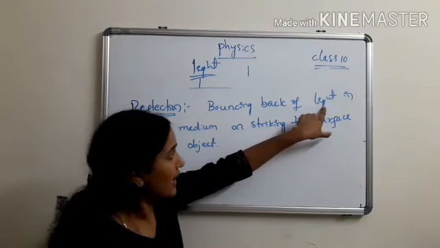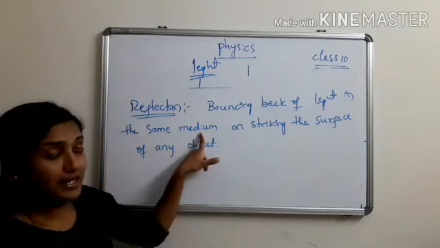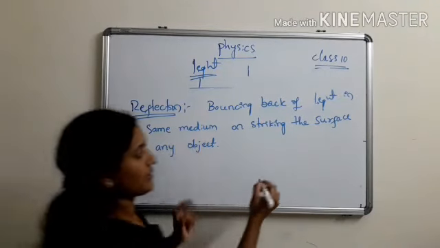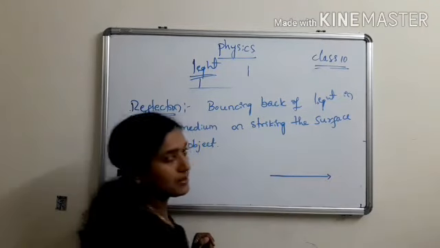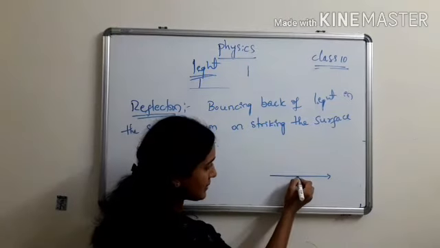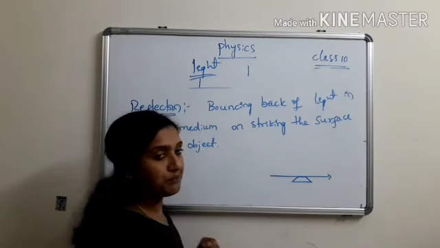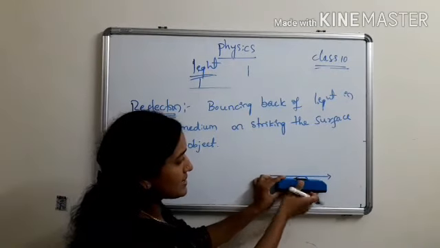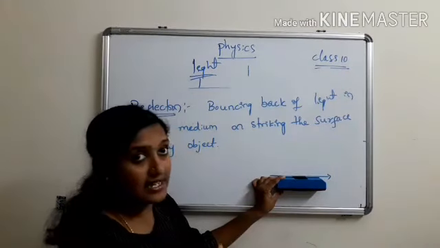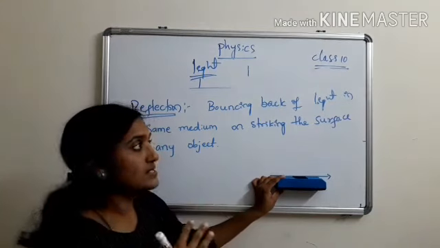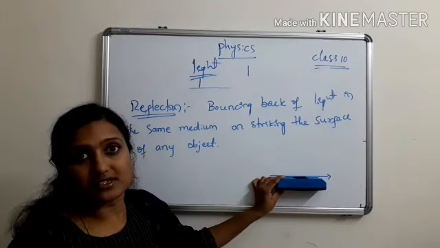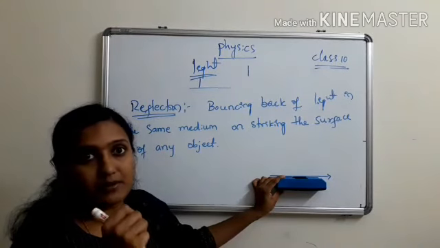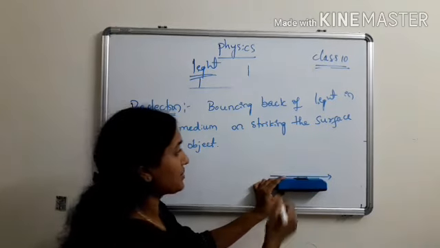Bouncing back of light in the same medium. If this is one medium, for example, this is one object here. This is a medium, this is a principal axis. Then I will explain all the components of convex and concave mirrors, each and every part, to make you understand better.